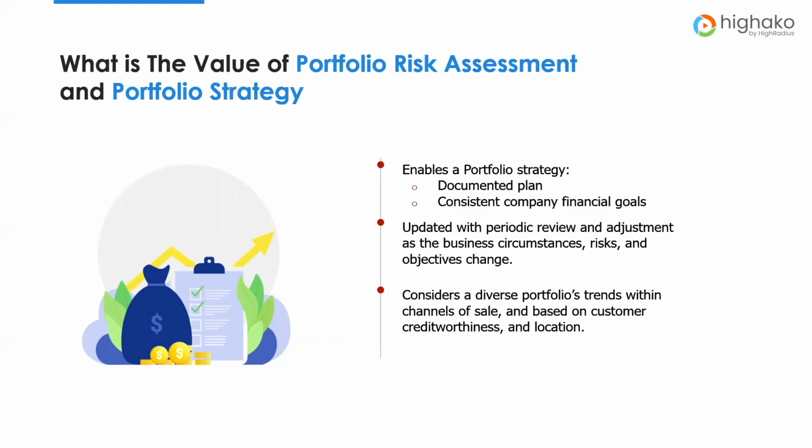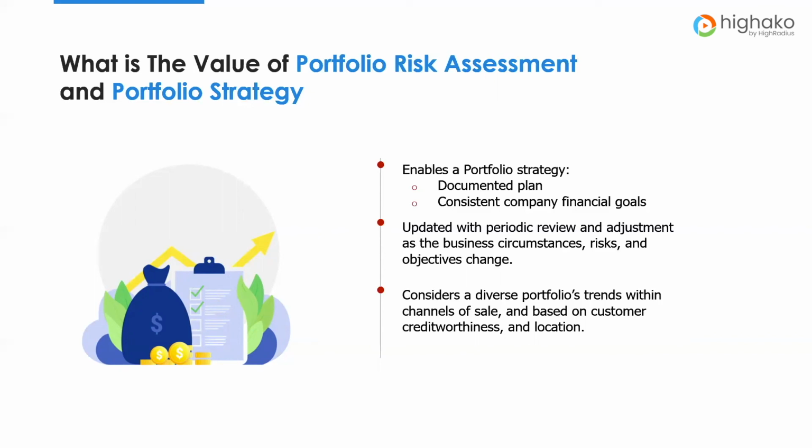And you need to make adjustments because business circumstances or competitive issues or risks arise in certain segments of your portfolio, and your company's objectives may change over time. So it's not a static thing to analyze your portfolio risk and to set a strategy.